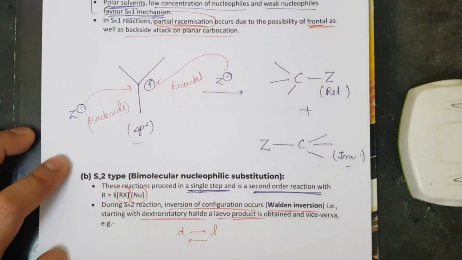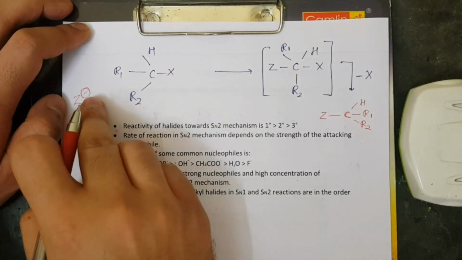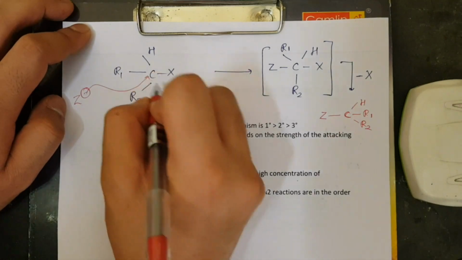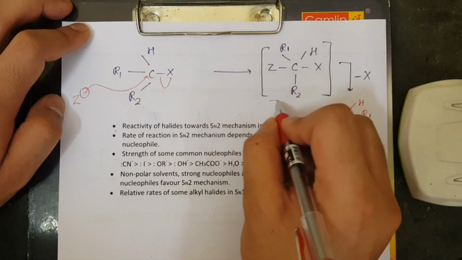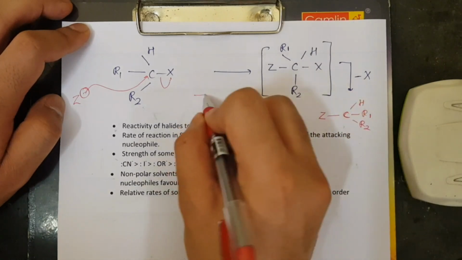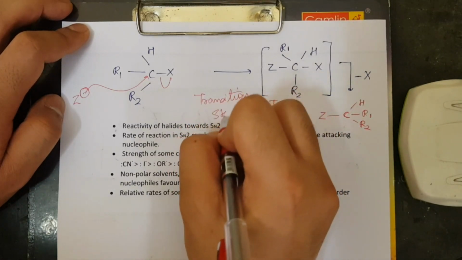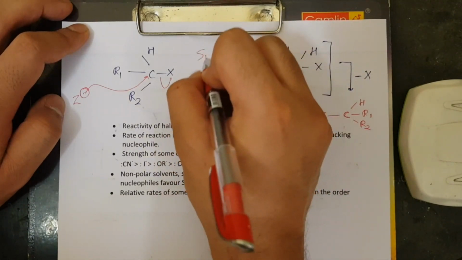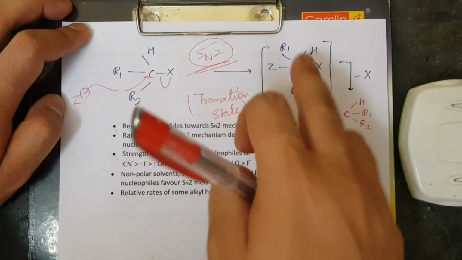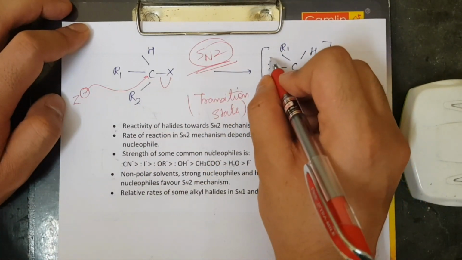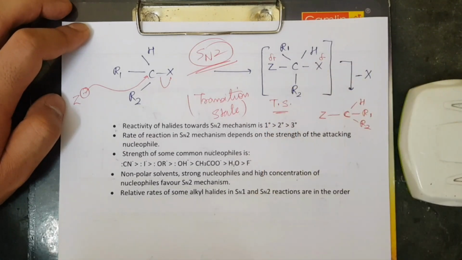Let us try to understand with the help of an example. So this is the reaction mechanism. This is a nucleophile which attacks from here and takes out this group, but in the process, the intermediate formed is known as a transition state. In the SN2 mechanism, the intermediate is a transition state where the nucleophile has a delta plus charge and the leaving group has a delta minus charge.